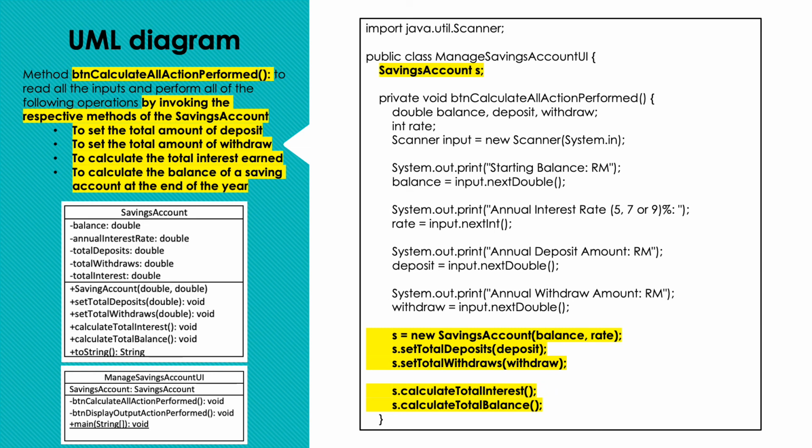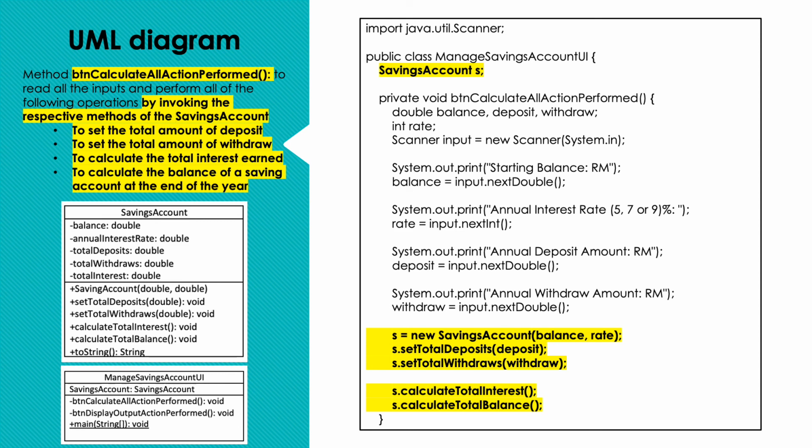In the ManageSavingsAccountUI, we have defined our savings account, so now we can create the object of it. We would write s = new SavingsAccount. It takes in two inputs. The first one is the balance, the second one is the rate. You can check back to the instruction for the savings account constructor.